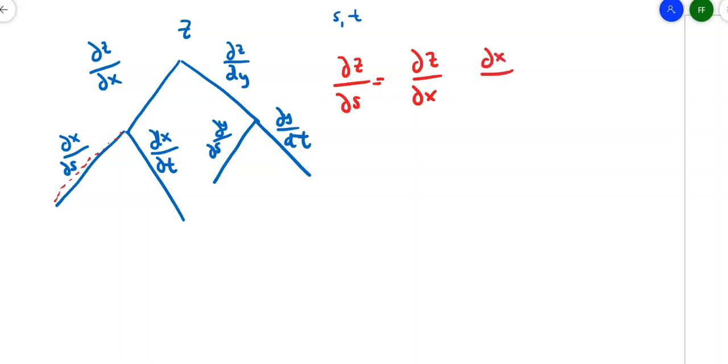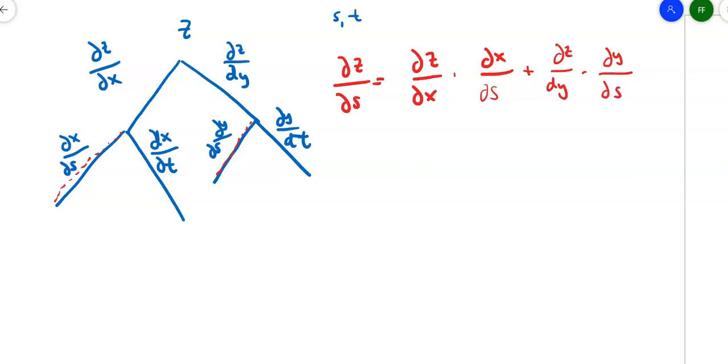And that's actually a product, that's not a sum. The partial x with respect to s. Now you've got to add in the second half of that. What follows on the other side? A partial z with respect to y times, if I'm going to go down the s road over here, I'm going to go down the s road over here. So now I've got to do the partial y with respect to s.